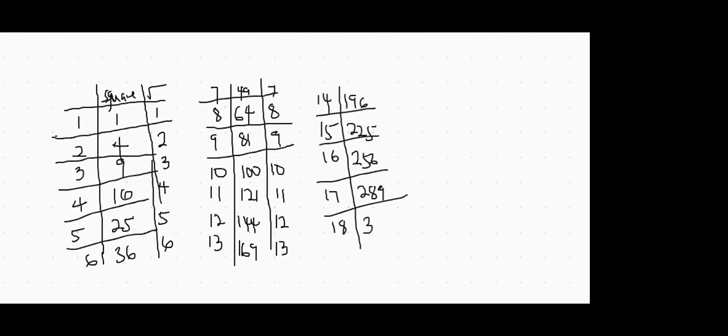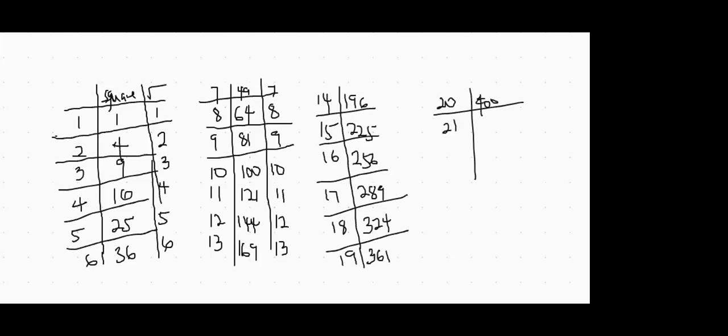324. The square of 19 is 361. So automatically the various squares, when you root them, will give you back the same number. The square of 20 is 400.